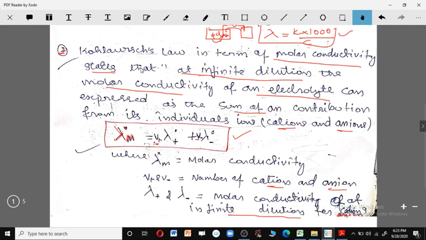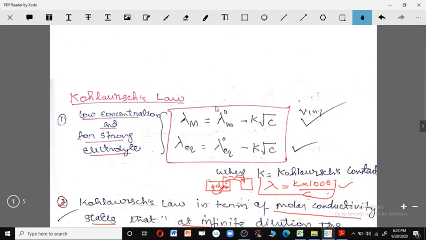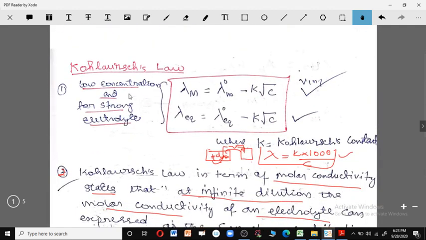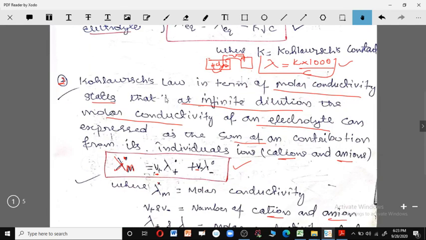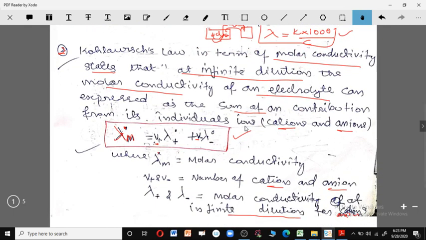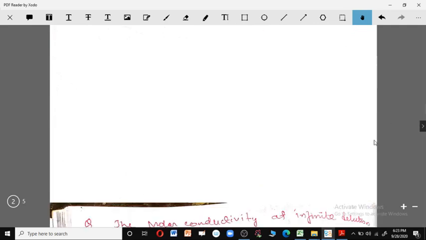These are the two important points in Kohlrausch law: it takes place at low concentration and for a strong electrolyte, and at infinite dilution the molar conductivity of an electrolyte is the sum of the contributions from its individual ions, cation and anion.